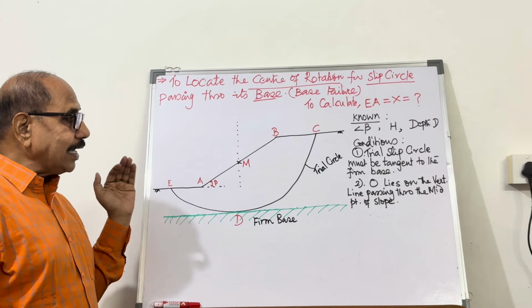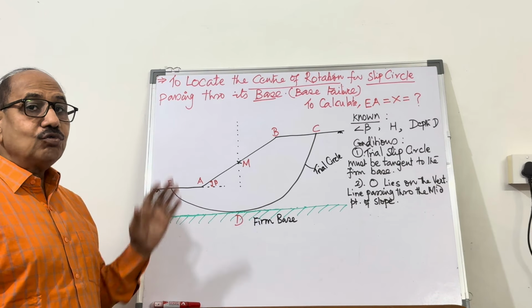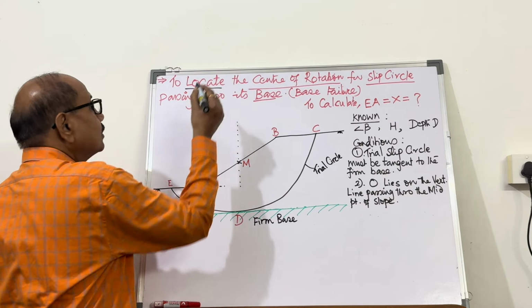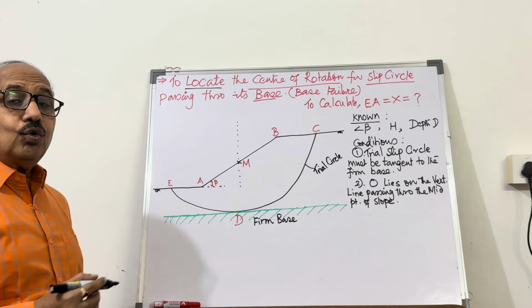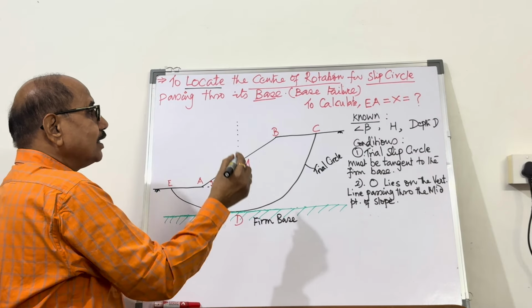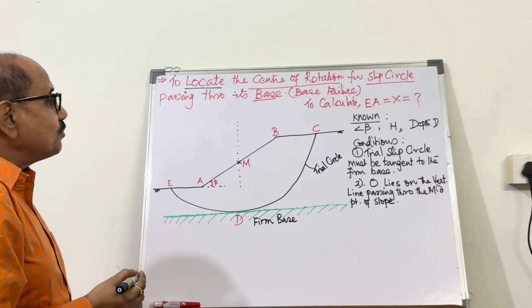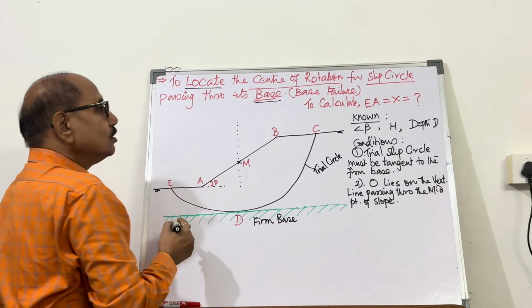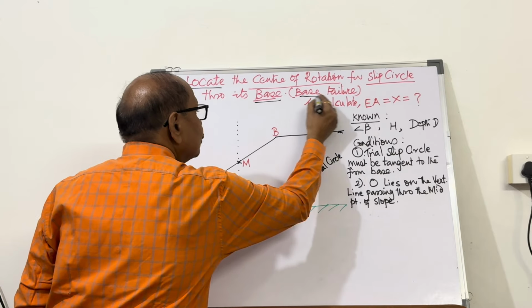So for that case, how to locate the center of rotation O for the slip circle passing through its base, what is known as base failure.